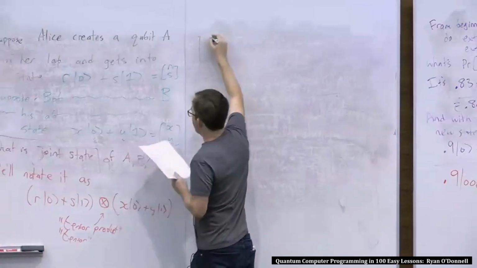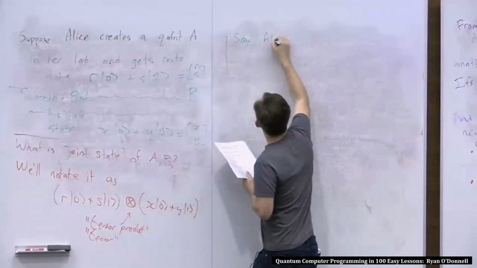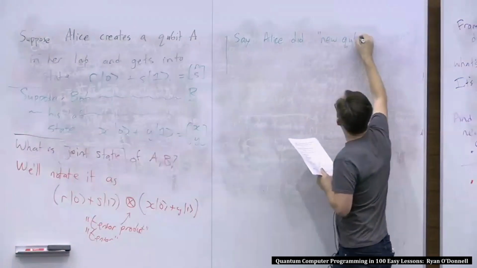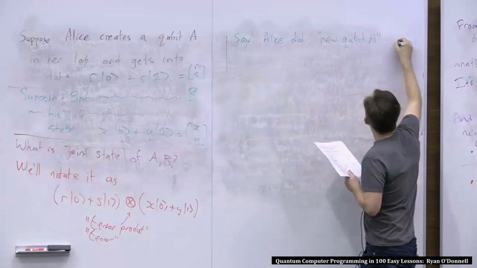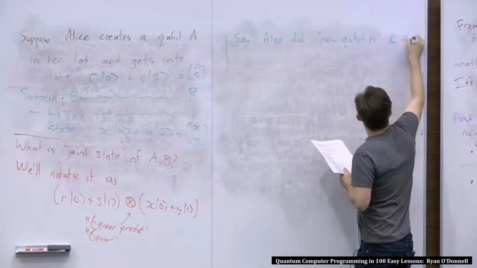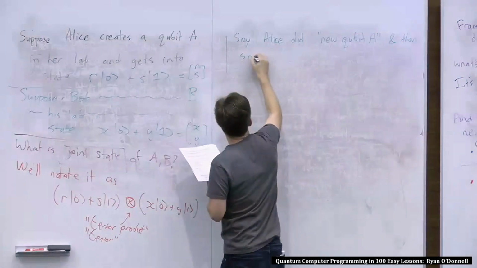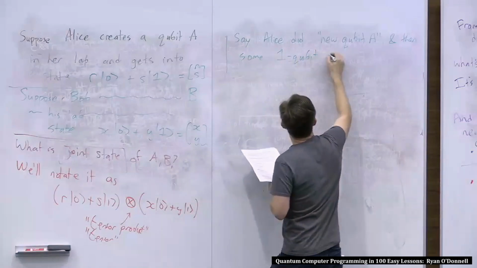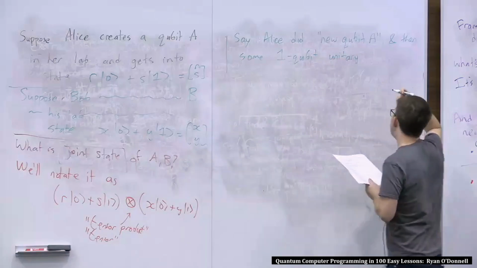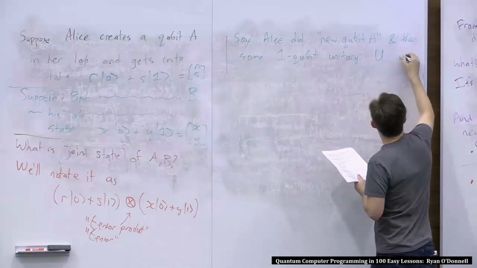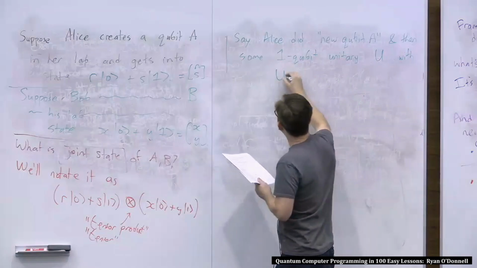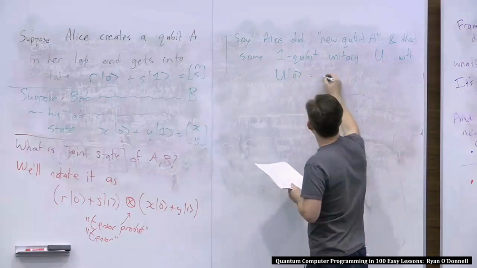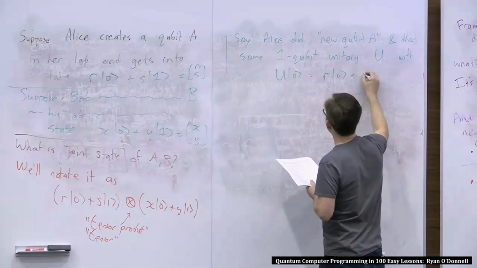So we can say, like Alice did, new qubit A, and then some 1-qubit unitary, probably a rotation or maybe a reflection, U, with the property that when you apply it to 0, which is the starting state for A, you get R amplitude on 0 plus S amplitude on 1.